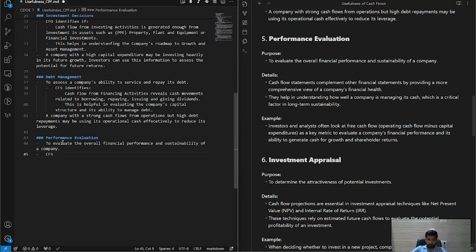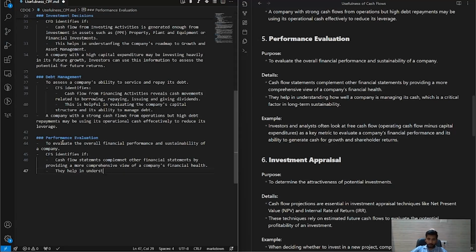So CFS identifies if the cash flow statement complements other financial statements by providing a more comprehensive view of a company's financial health.